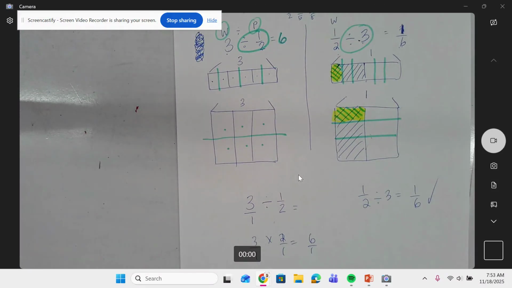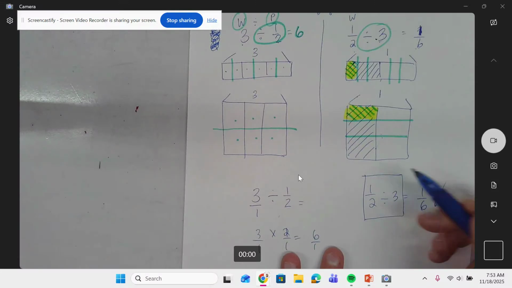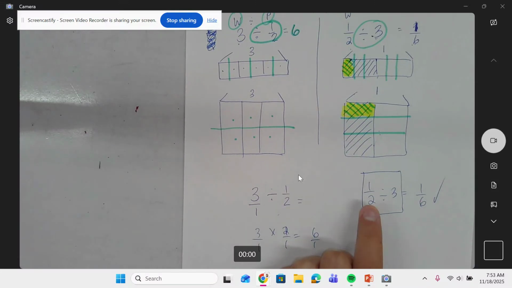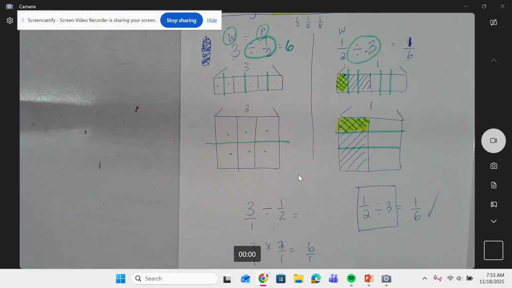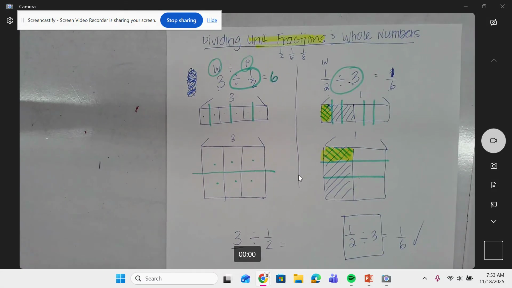But in a word problem, they have to be able to pull this out of it. And unfortunately, in a word problem, they don't just get this. And so that's where the models come in. It's to help them slow down their thinking in a word problem and not just do stuff with the numbers because that's what they think they need to do.